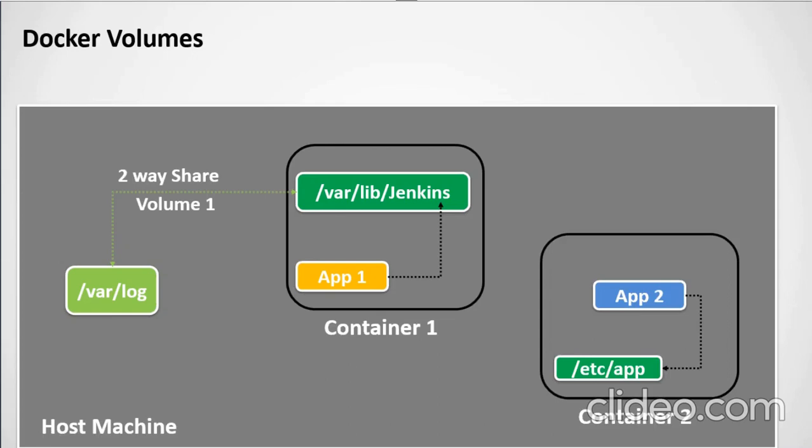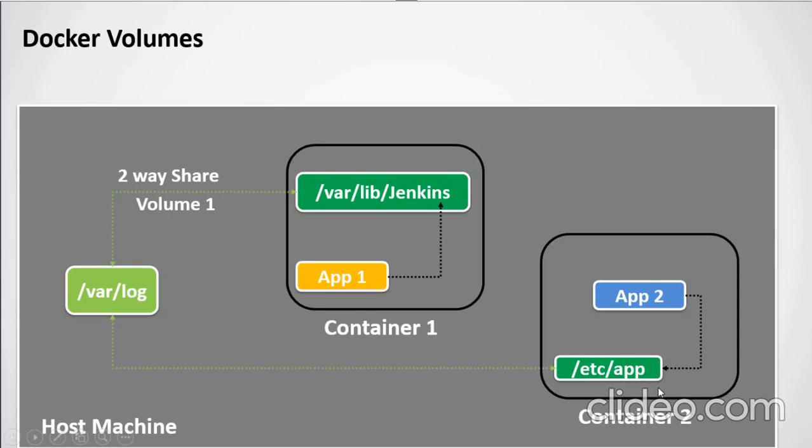Now, what we can also do is, we can also have separate folders for each container. If not, when you are running multiple containers, you can map a single folder to the containers. For example, here if you see, I'm trying to put one folder called var_log in the host machine that is pointing to this folder as well as this folder in this container.